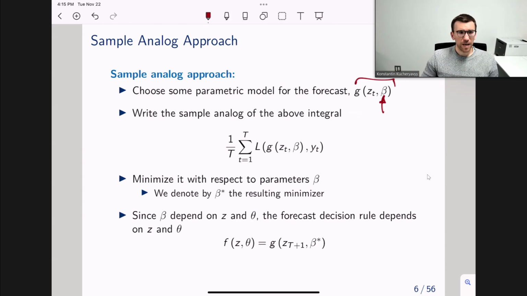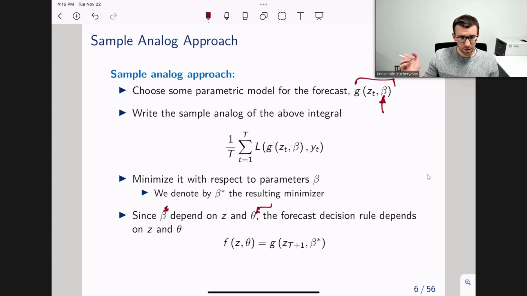And then this beta star, the vector of parameters, depends on z and theta. The z is our data set, theta is our parameter of the joint distribution, which we don't know. And we don't directly estimate it here. But nevertheless, the forecast decision rule logically or conceptually depends on z and theta.